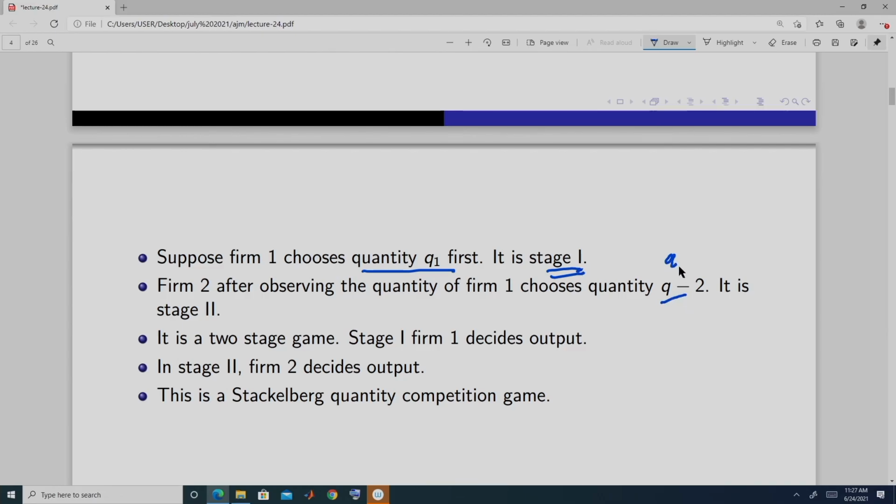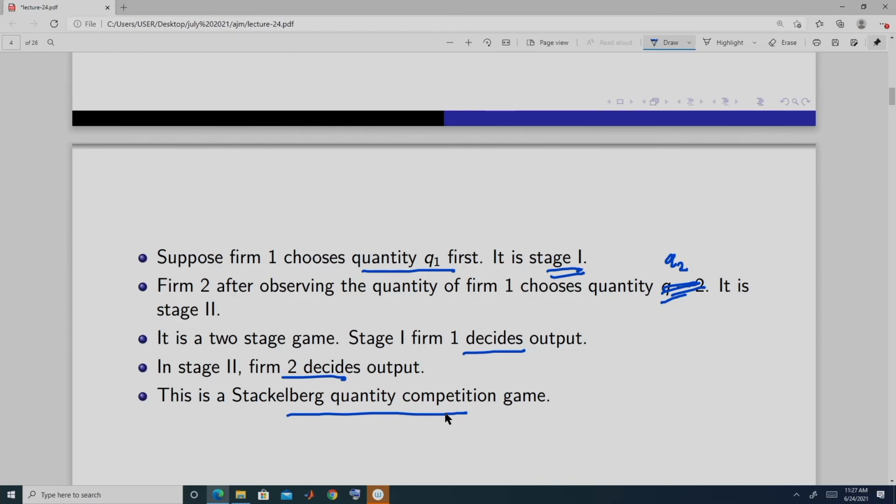This is not minus A, it should be Q2. It is called stage 2. So, we get an extensive form game, or a dynamic game, which has two stages. In stage 1, firm 1 decides output, and in stage 2, firm 2 decides output. So, this form of market interaction is called the Stackelberg quantity competition.